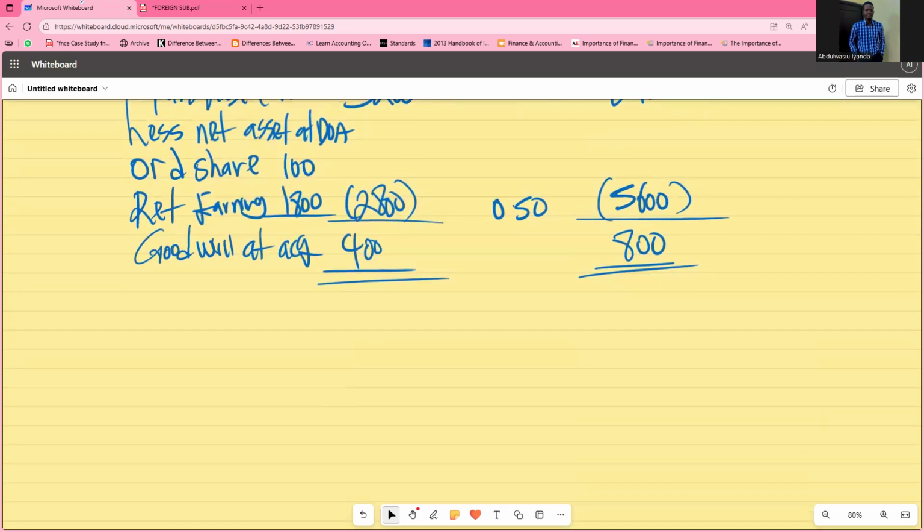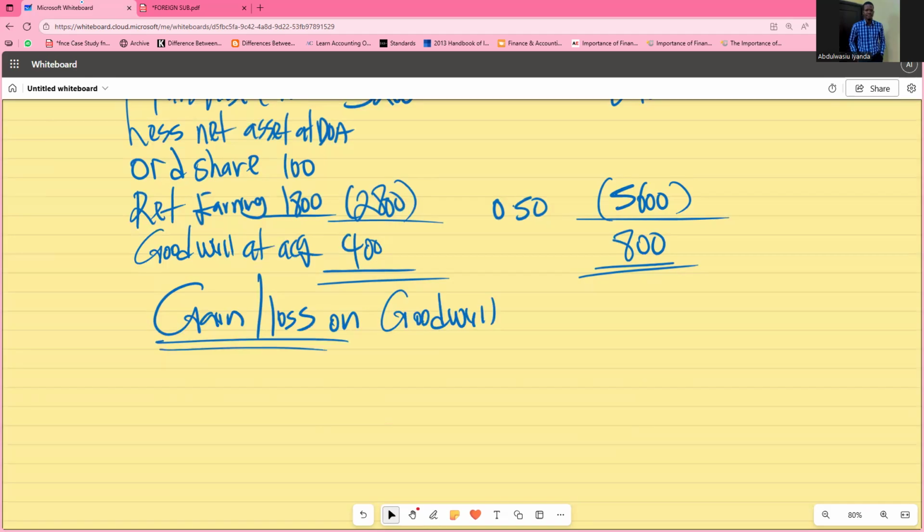You need to determine whether there's an FX loss or gain. So the next thing that you need to do is the gain or loss on goodwill. This question, this one was acquired in 2007.